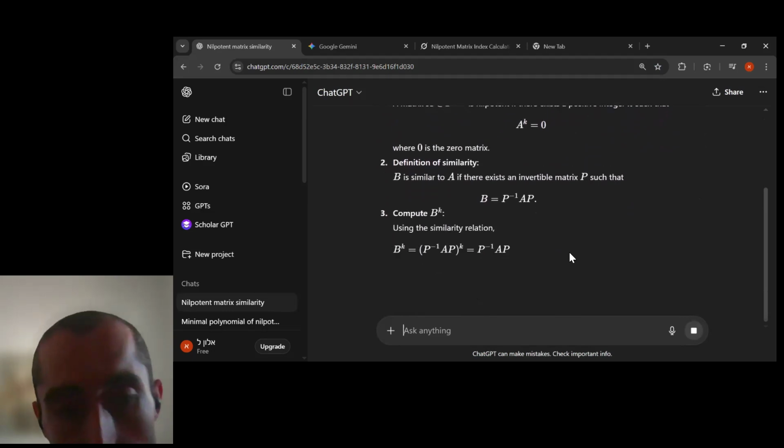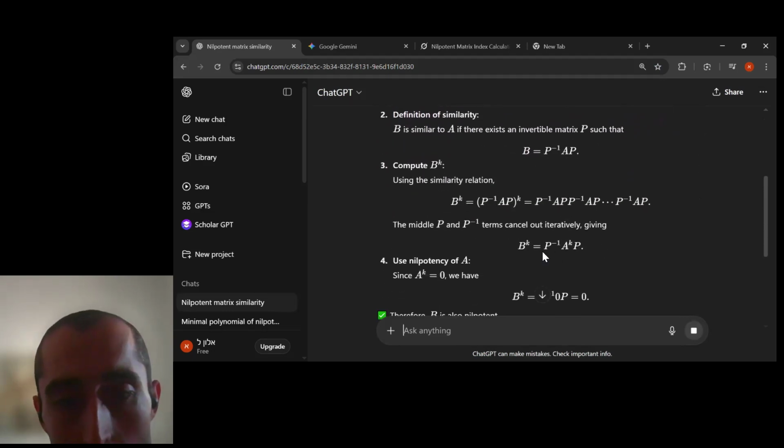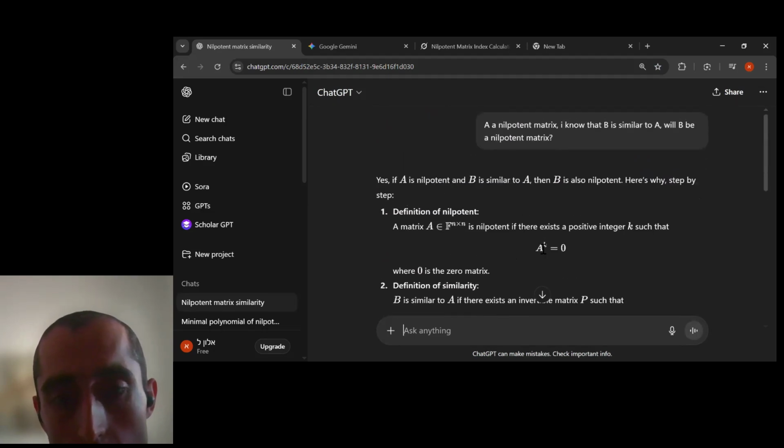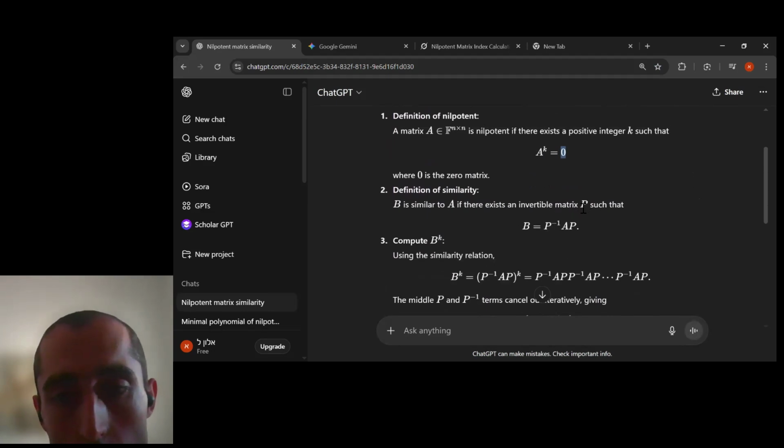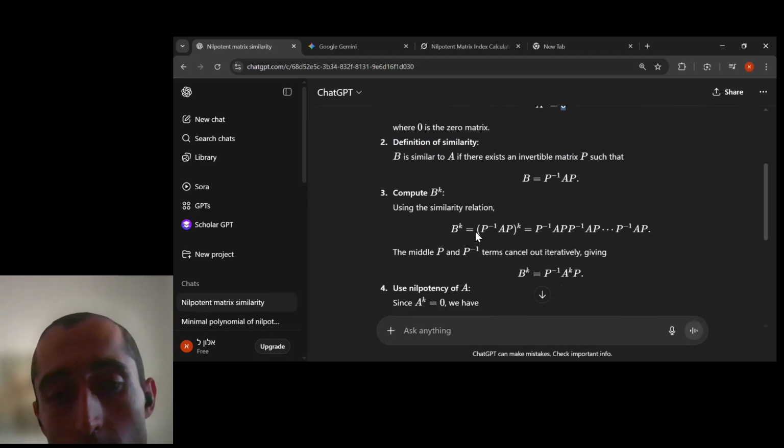You can see this proof that ChatGPT gives. That's fine by me, I don't care. You can see that if we have A nilpotent, A to the power of k equals 0, and B is similar to A, so there is an invertible matrix P such that B equals P inverse AP. So B to the power of k, we can just apply the power to the right side as well, and this one will go to I, P times P minus 1, so it will be P minus 1 A squared P, and this is how we go on.